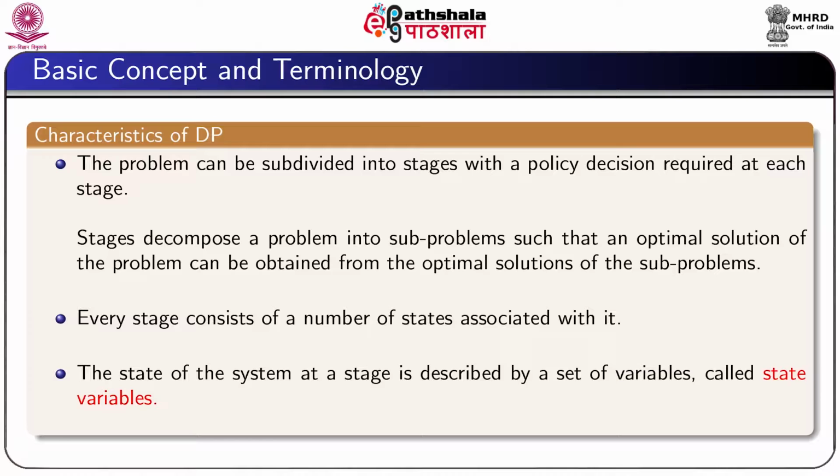Stages decompose a problem into sub-problems such that an optimal solution of the problem can be obtained from the optimal solutions of the sub-problems. Every stage consists of a number of states associated with it. The state of the system at a stage is described by a set of variables we call as state variables.